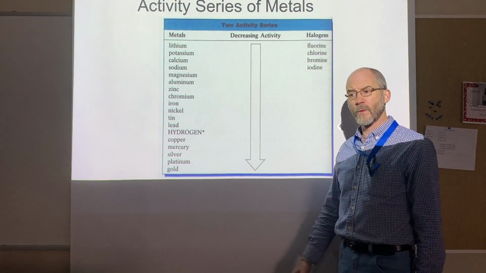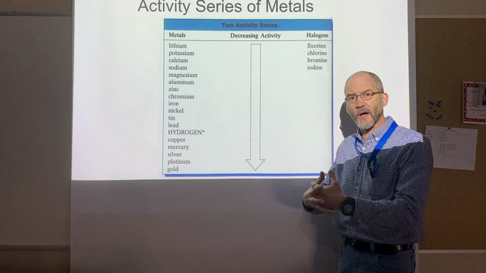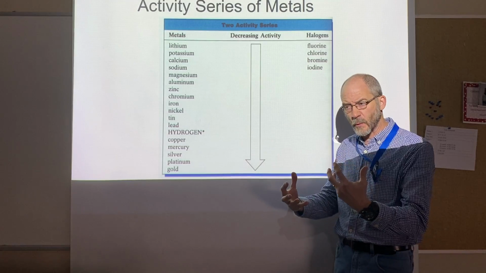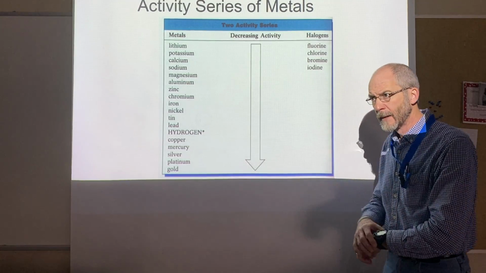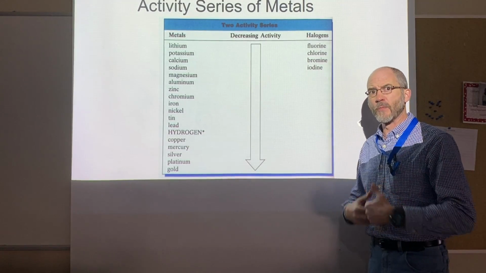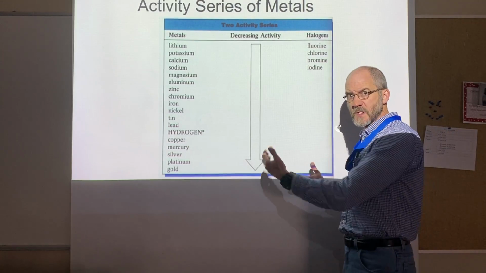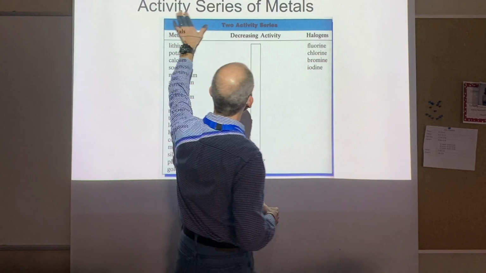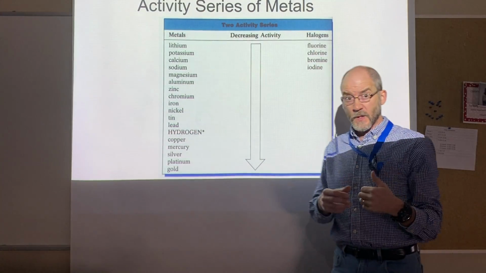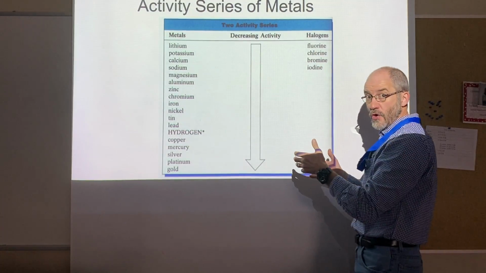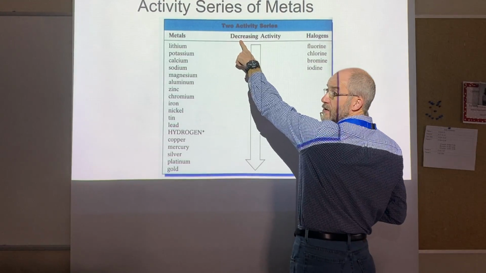So what does govern some of these reactions? Honestly, instead of memorizing a bunch of stuff, we give you tables like this one, which is an activity series of metals. It's a chart, and because it's plain, it's easy to read.